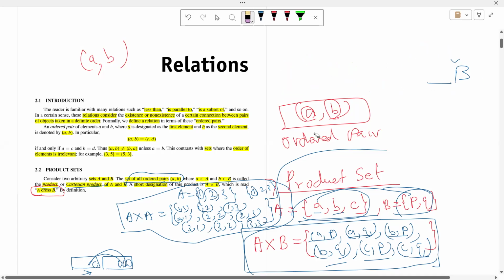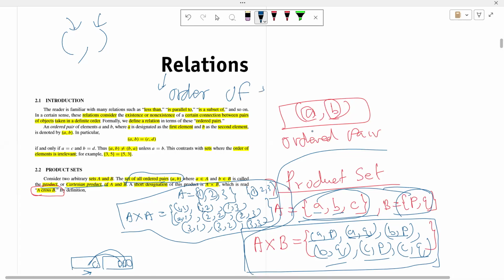Similarly, here relation means, the important thing, you need two things, two objects. These two objects we can call a pair of objects. But the important thing is, if it is a relation, the order of the elements is mandatory.